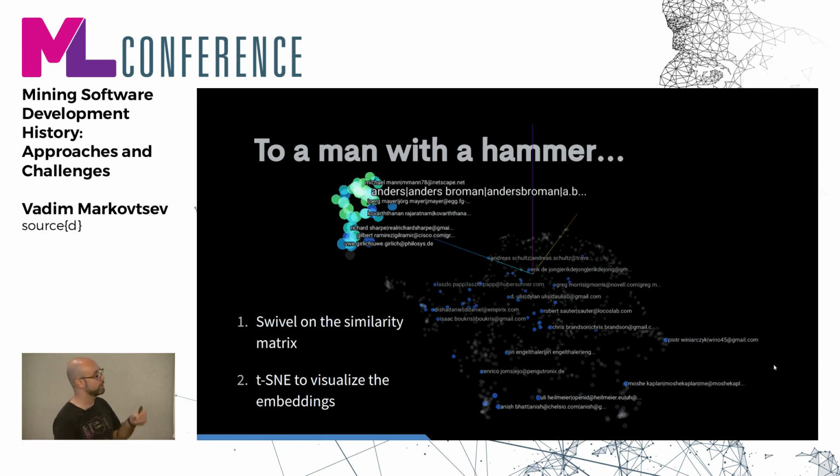This is plotted for Wireshark. This is a traffic sniffer, it can do many other things. So all these people in this cluster, they often overwrite each other, and they also overwrite very much. So this is why they are grouped. And the rest are, let's say, casual people who contribute from time to time. And I bet that this will also work for enterprise projects, but I didn't check.